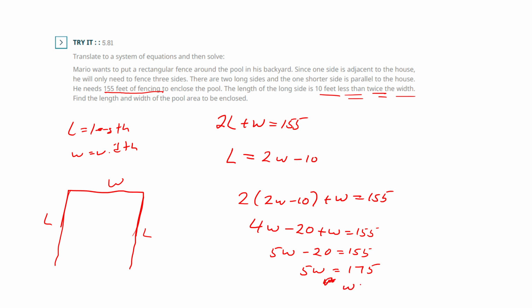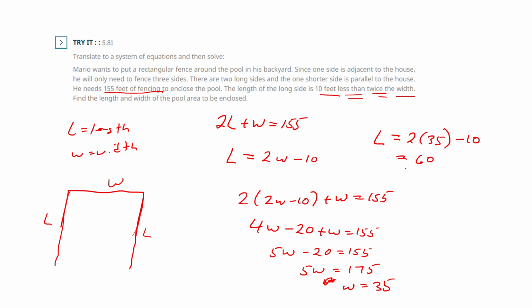So we get our width, 35. Now we can use either equation, but I'm going to use the bottom one, because it says the length is twice the width minus 10. That's 70 minus 10, so I get 60.